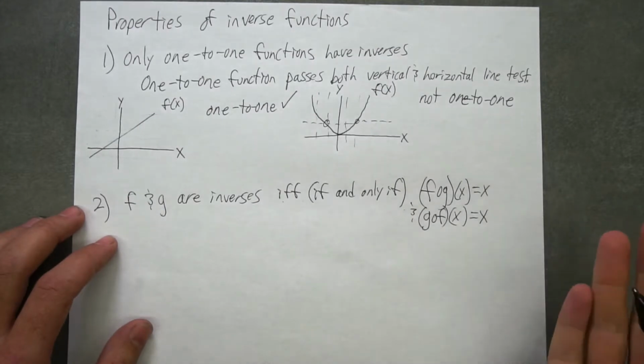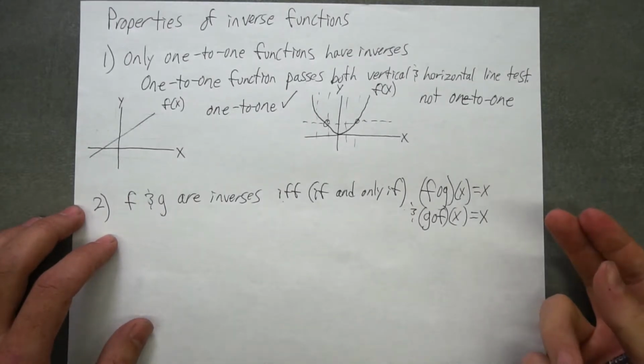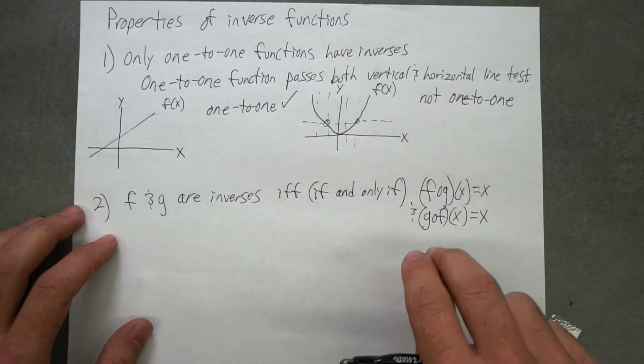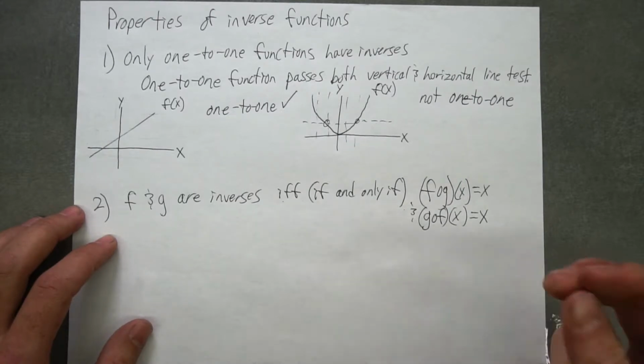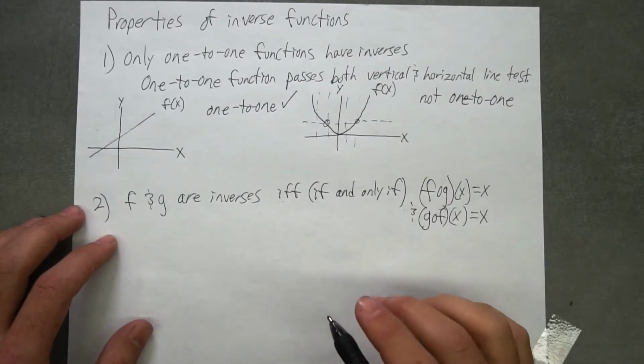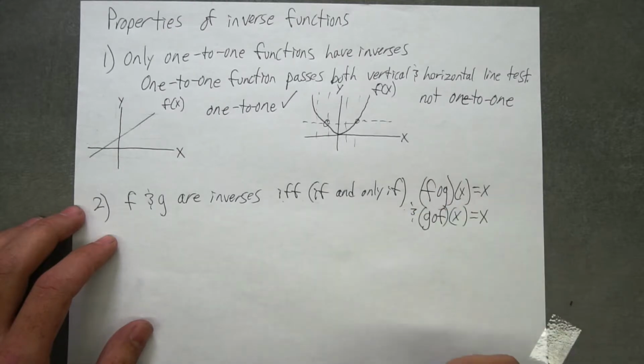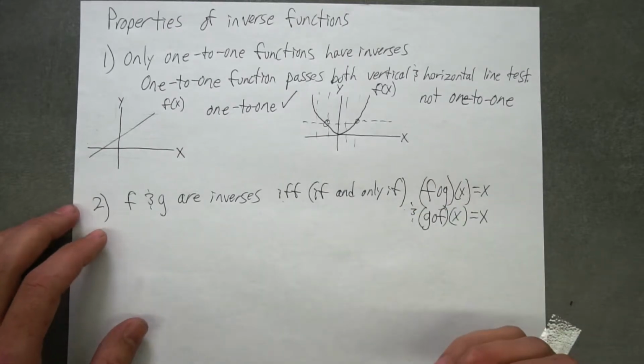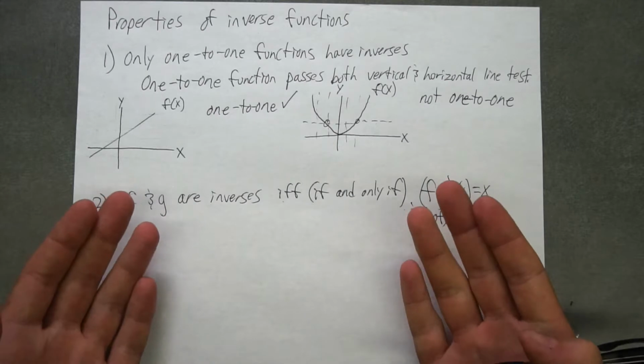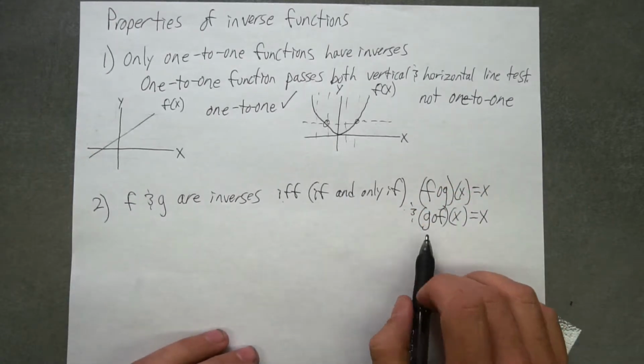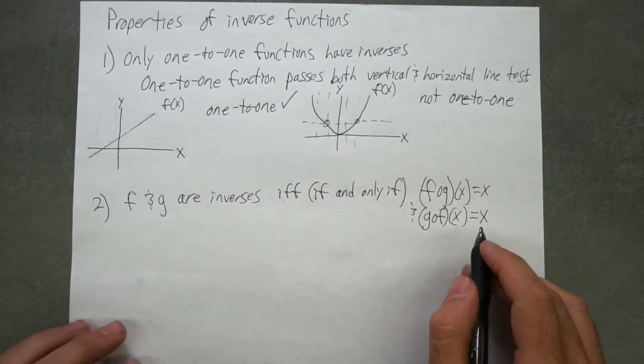So if you were to take the inverse and put it into the original function, you should get out x. You should always get the same thing that you put into it. So if you do something to a function and do the inverse, then you should get back the same value.